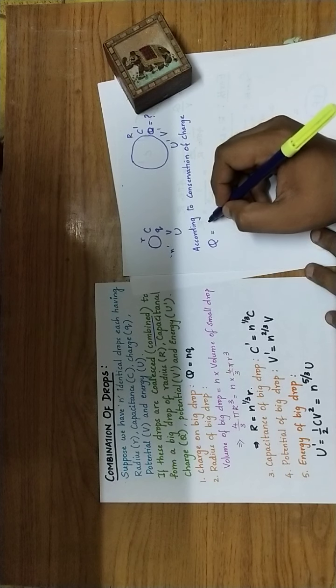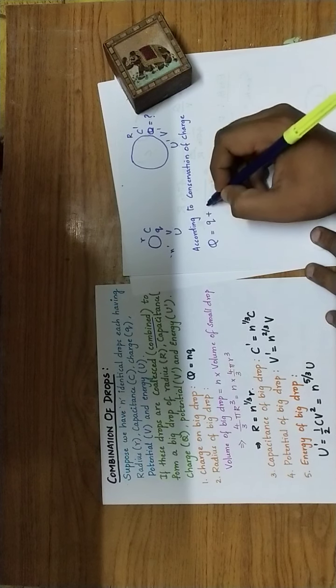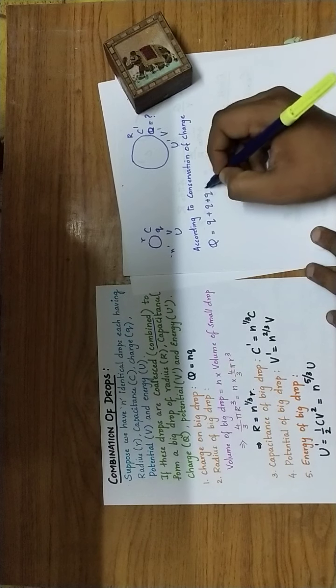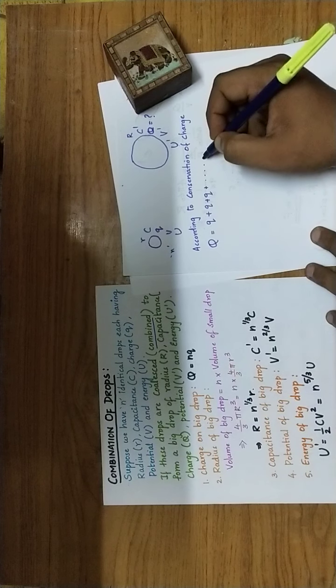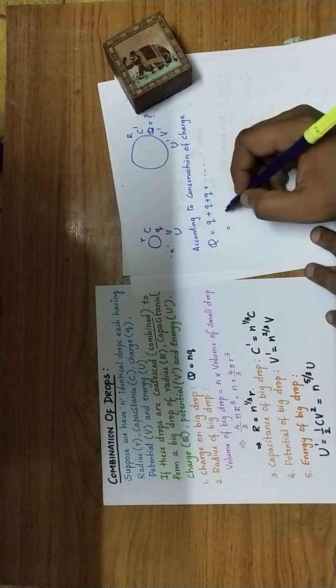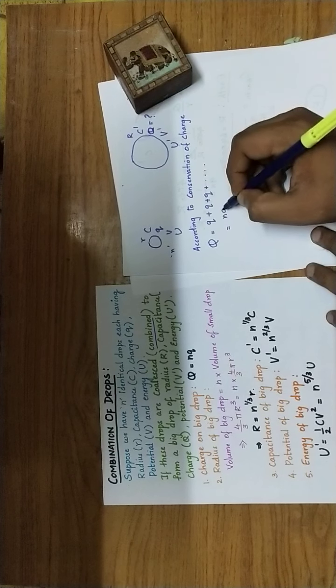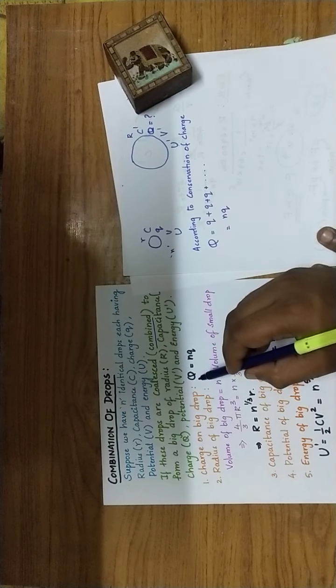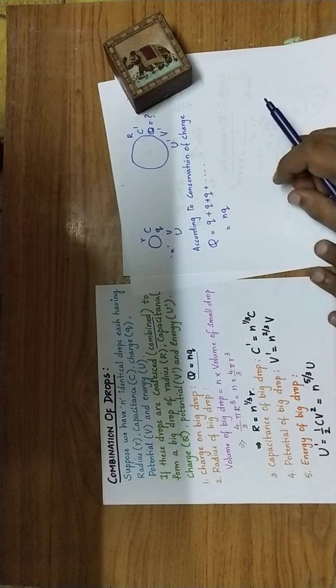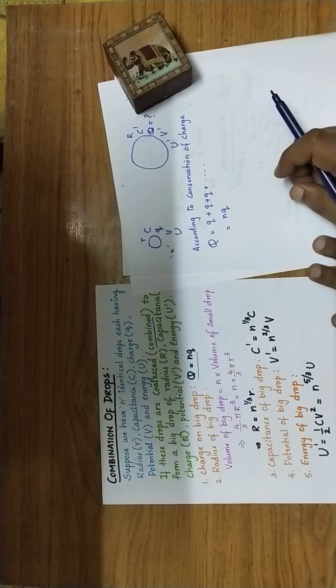Initially each drop has charge small q, plus so on up to n times. Therefore you will have n times small q. That is why the charge on the big drop is capital Q equals n times q.